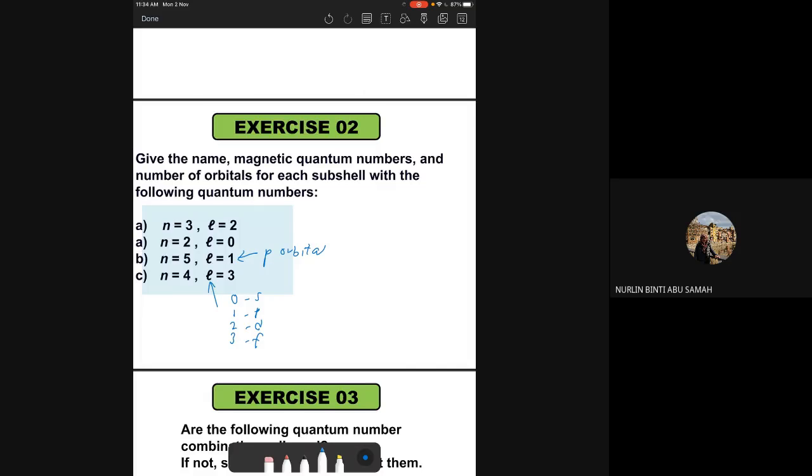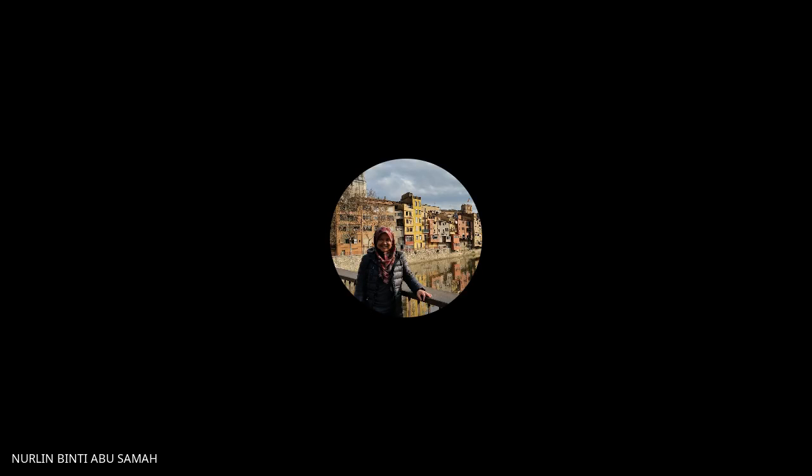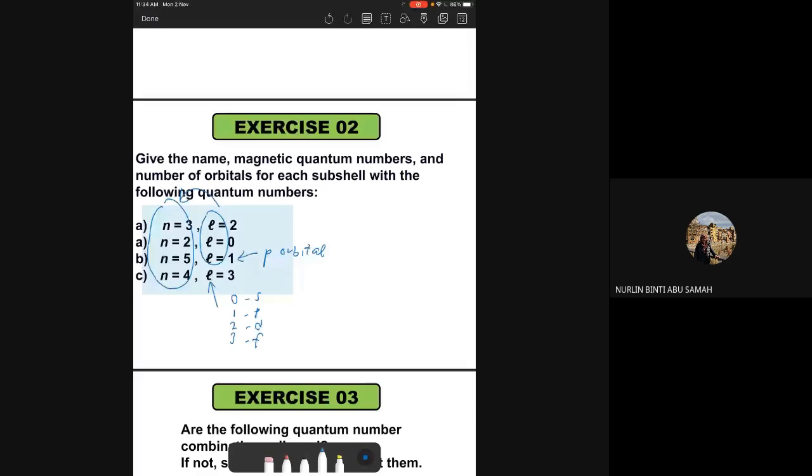Kalau nama orbital, it will not depend on N anymore, but L depends on N. The shape of the orbital is from the L value.